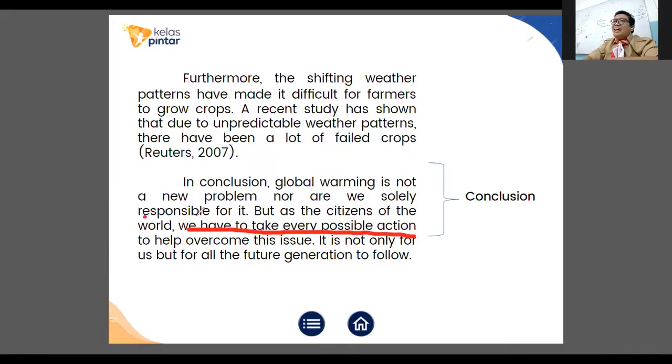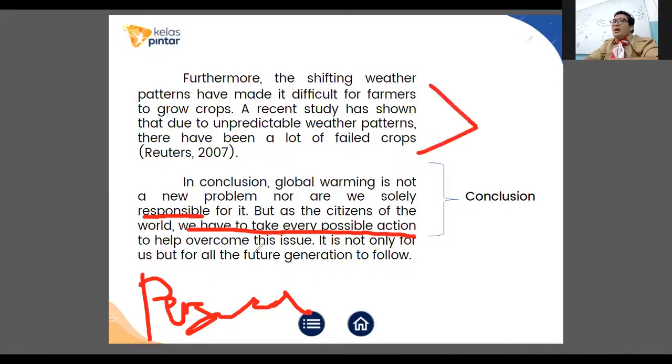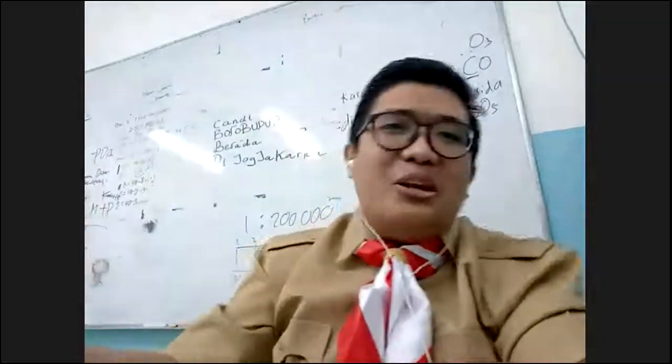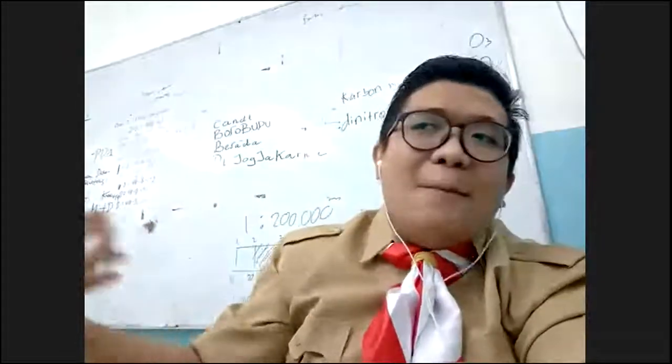Nah, dia mengajak kan, the writer persuade, ya, mempengaruhi, ya, mengajak. Karena ada tadi yang dia jelaskan di awal, ya. It's not only for us, but for all the generations to follow. Dia mengajak supaya ini tidak berdampak pada generasi yang akan datang. Maka itu di paragraf terakhir dia mengajak, mempengaruhi.